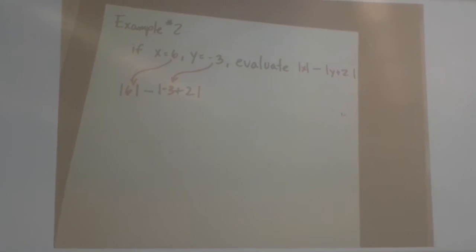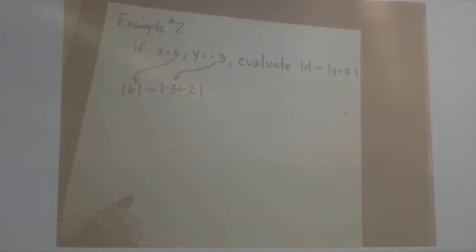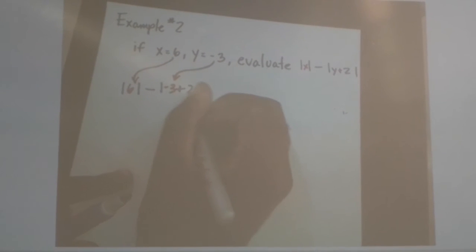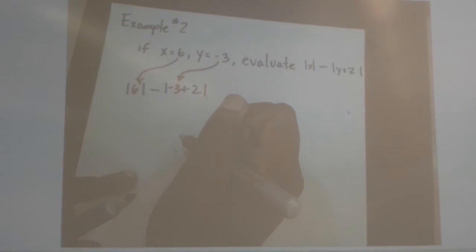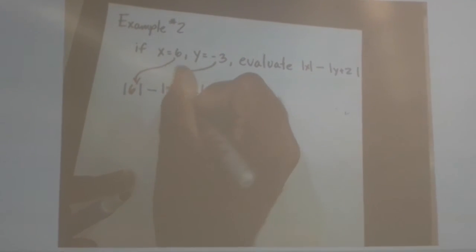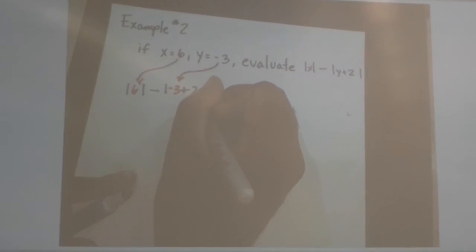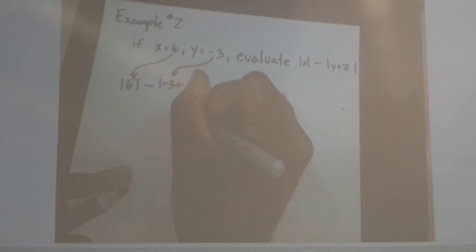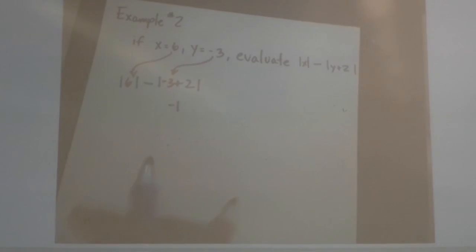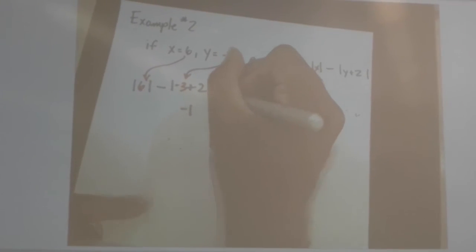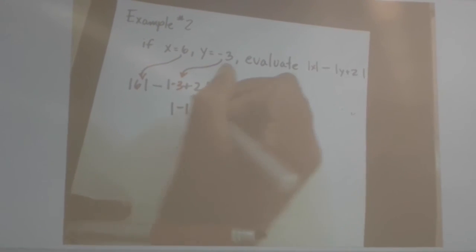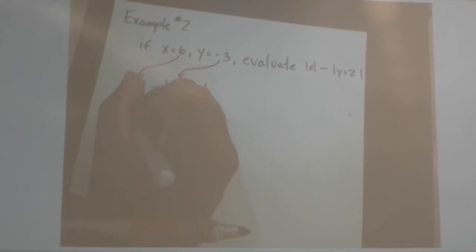Now solve. So therefore, do what's inside the absolute value sign first. So therefore, negative 3 plus 2 is going to be a negative 1. Then bring everything else down that you have not touched.